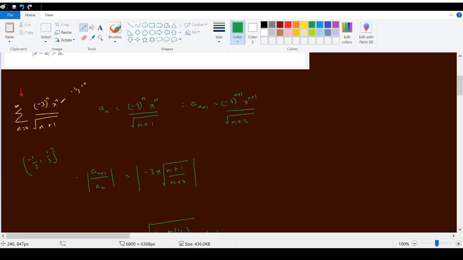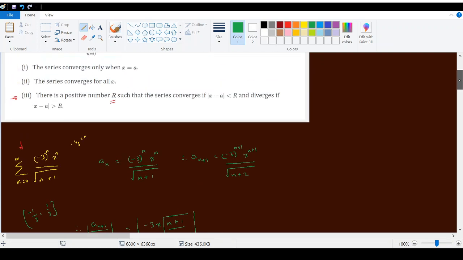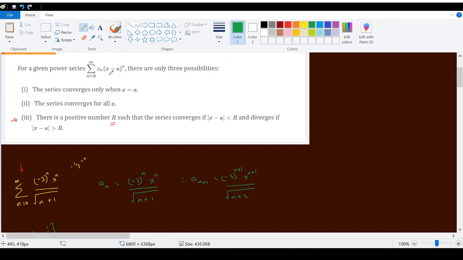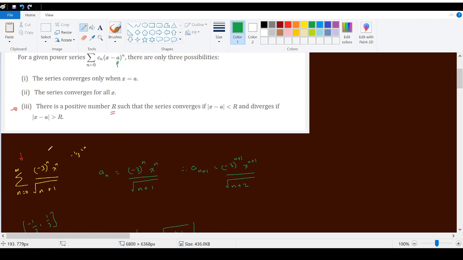And also you have to observe that in a previous video session we said all power series will converge at the center point, right? So now here also it should have the same property, right? So for the center point of this series it should converge.